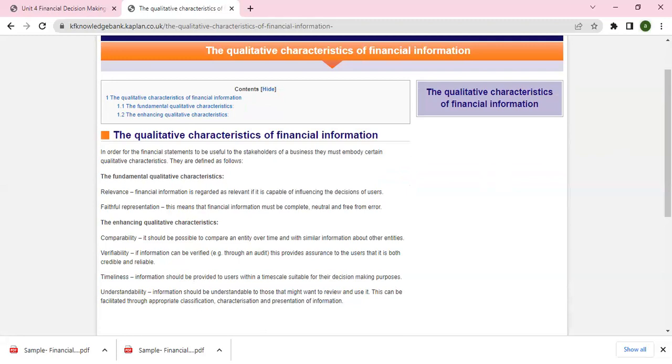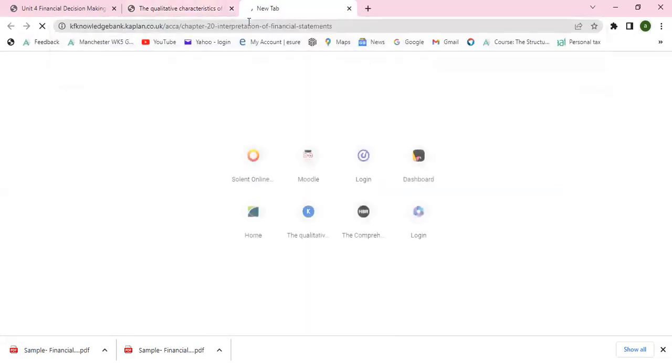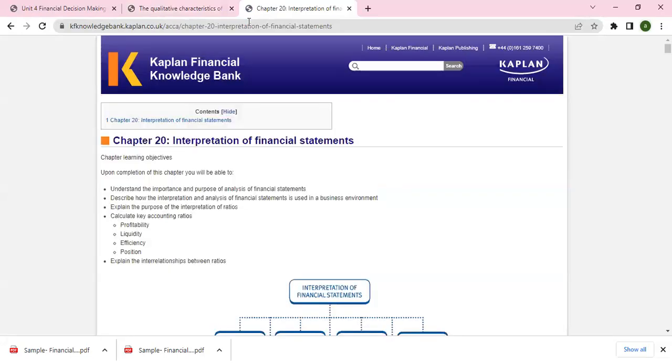Other than that, I'll show you the second link. You will see here when you do ratios, because that is also financial information, but we need to interpret this.